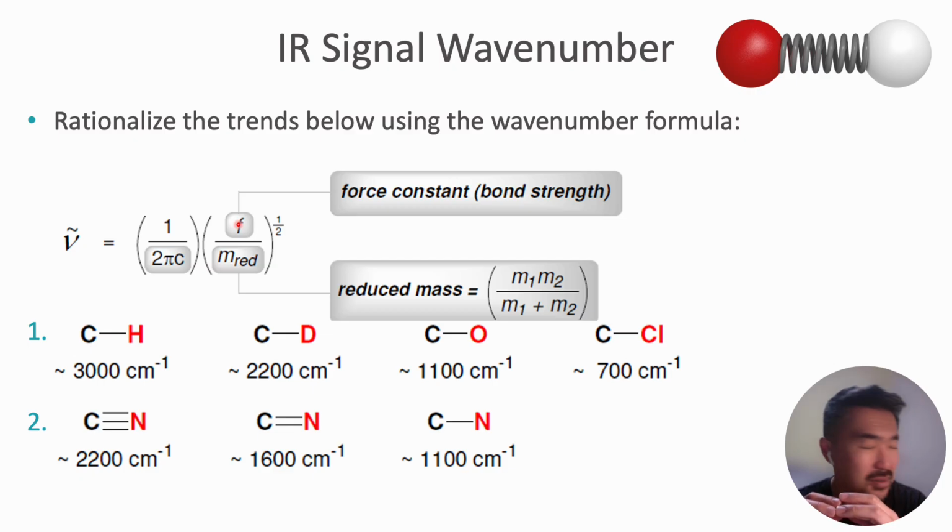Hopefully this is pretty self-explanatory, or intuitive. It's intuitive because of the stiffer spring, right? If you stretched it and then let go, it'll vibrate, and that's going to be a higher frequency of vibration if the spring is stiffer.